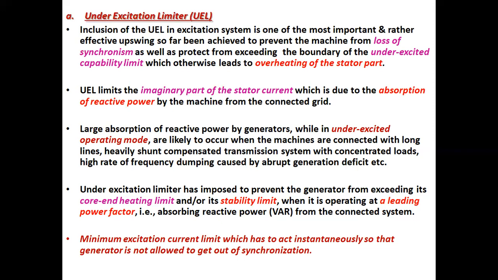Under excitation limiter is imposed to prevent the generator from exceeding its core end heating limit and/or its stability limit when it is operating at a leading power factor, that is, absorbing reactive power (VAR) from the connected system.